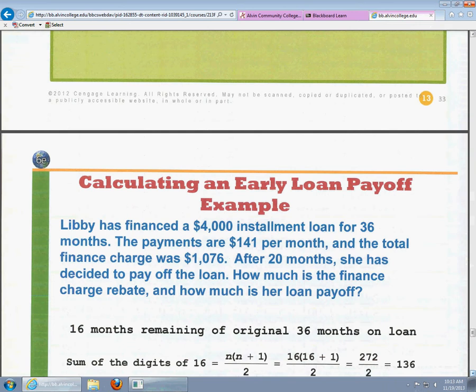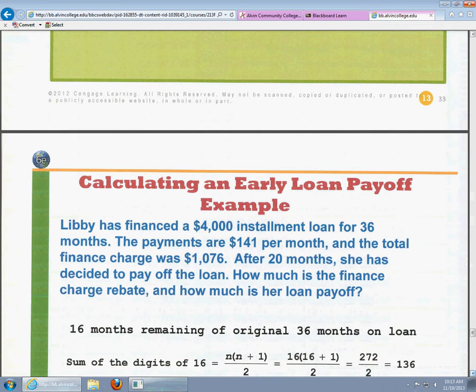We're going to do the same thing to find the sum of the digits of the total number of months, with n being 36. So 36 times 37 is 1,332, and we divide that by 2. So we get 666.